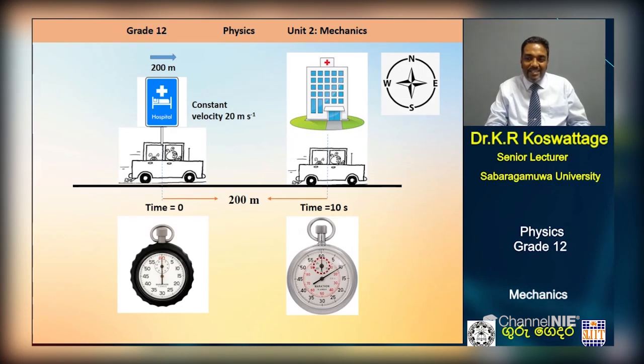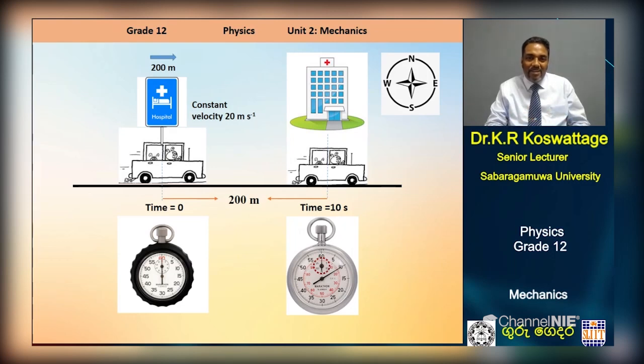In such an instance, the unknown parameters can be determined using mathematical equations known as the kinematics equations. I hope you can remember, since you learned these in your last lesson.